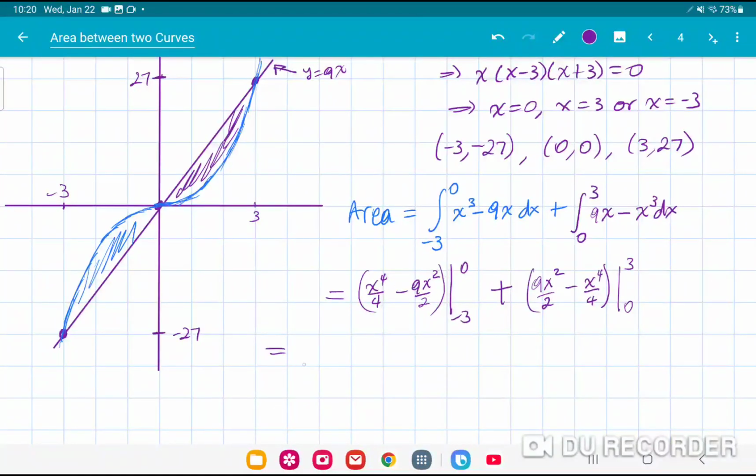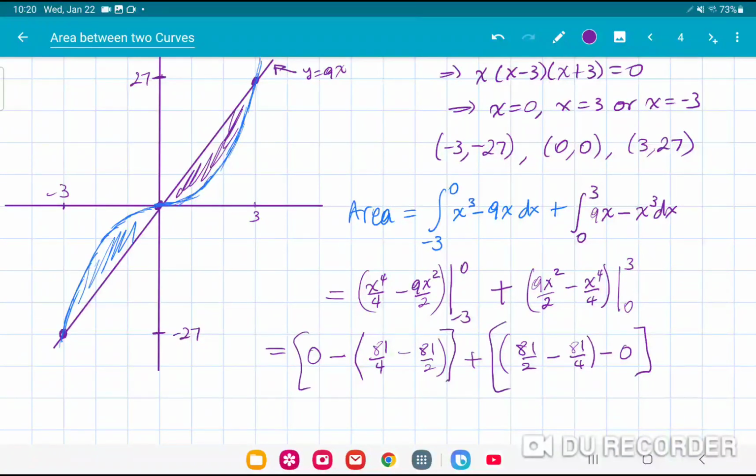Stick 0 in, it will give me 0 minus negative 3 to the fourth over 4, which is 81 over 4. Negative 3 squared is 9, so it gives you 81 over 2. Plus, stick 3 in, this gives you 81 over 2, minus stick 3 in for the x to the fourth, 3 to the fourth is 81 over 4, minus 0. So that's the second integral, this is the first integral.